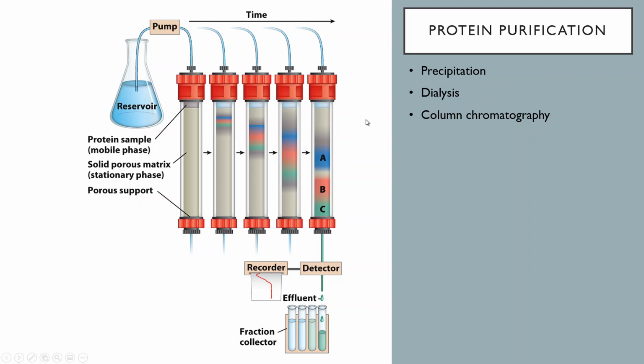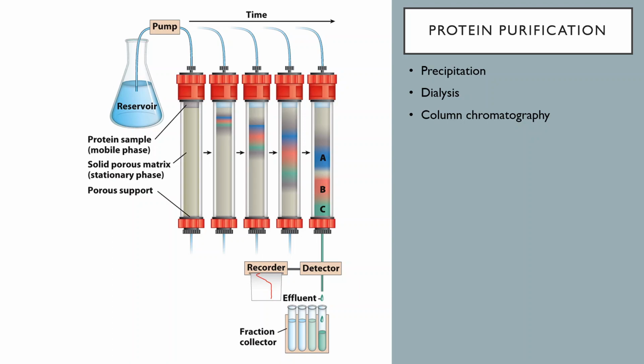So now you have all the proteins separated from all the other cellular components, but usually what you want is to study just one protein out of that mixture. In any given cell, there are going to be hundreds or thousands of different types of proteins, so you have to figure out a way to separate that protein from the other proteins. There are lots of ways to do this, but they all basically involve using different physical and chemical properties of different types of proteins.